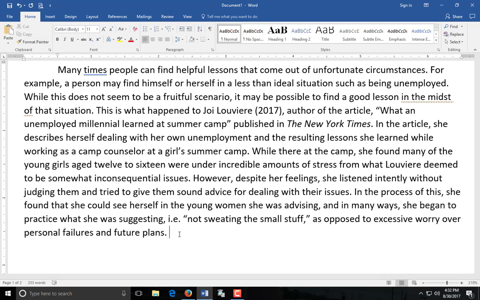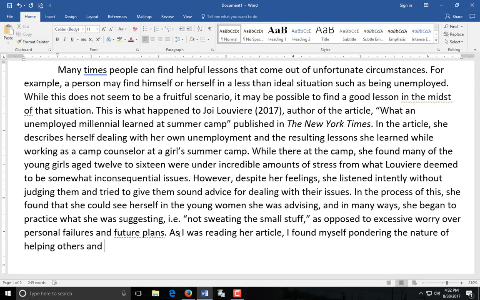So you say, as I was reading her article, I found myself pondering the nature of helping others and the personal benefits we stand to gain from lending others a hand.